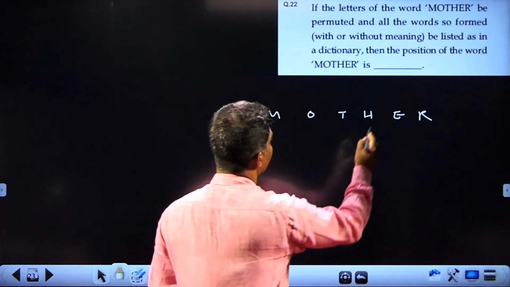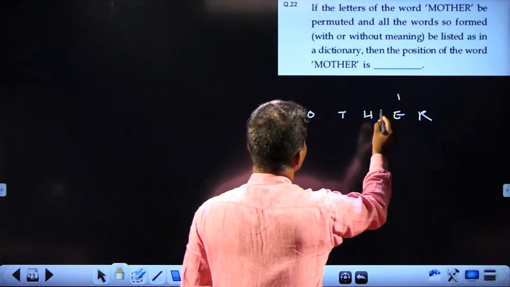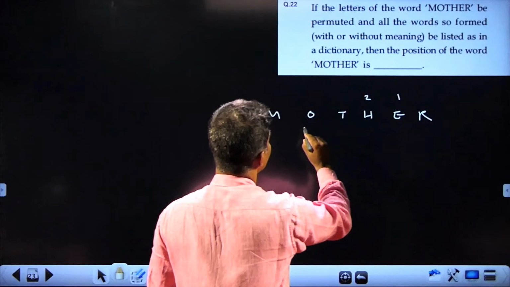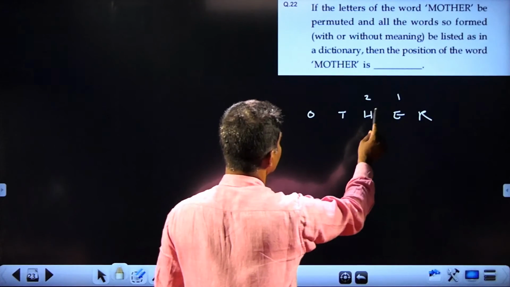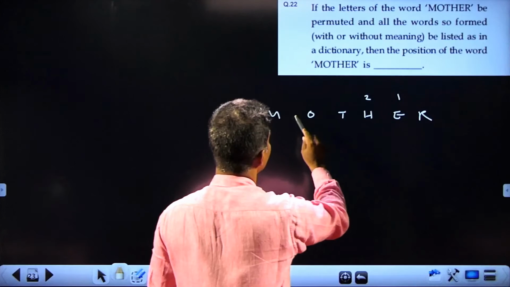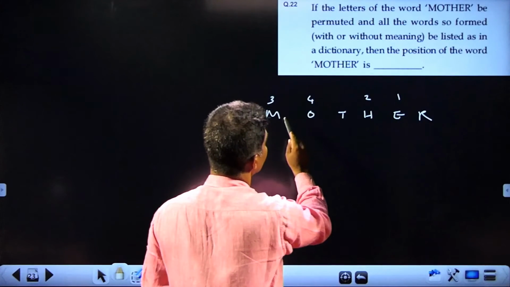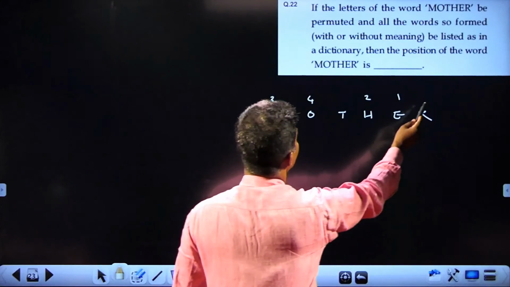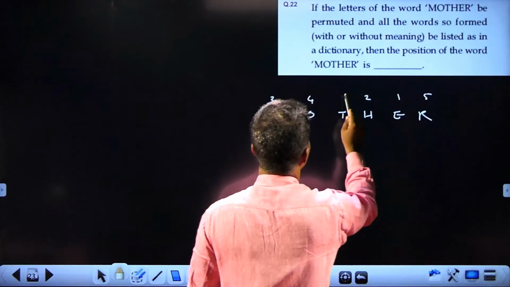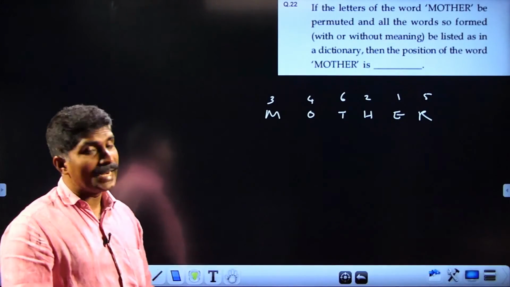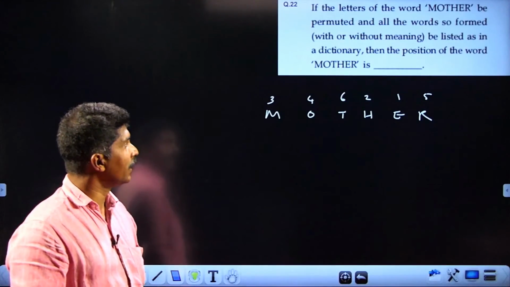The first letter, that is M, this will be 2. Okay, these are the rank of the letters.